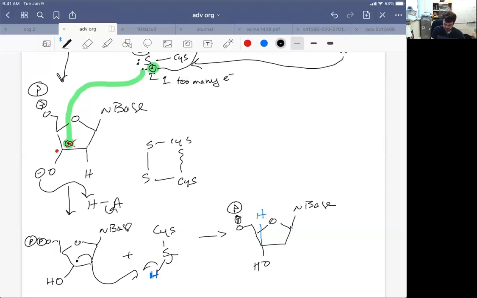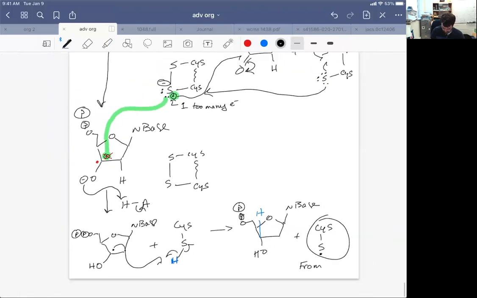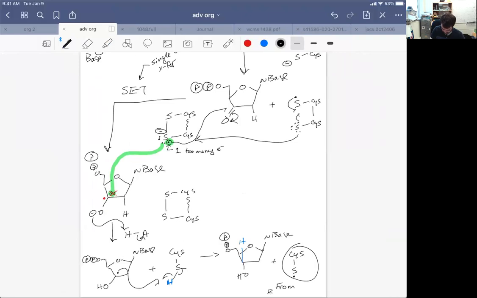Now, what did we get at the end here? After the cysteine lost its hydrogen, we now have a sulfur radical, but this is from the beginning. We did it. Okay, so the sulfur radical is from the beginning. We use that at the outset of our reaction.